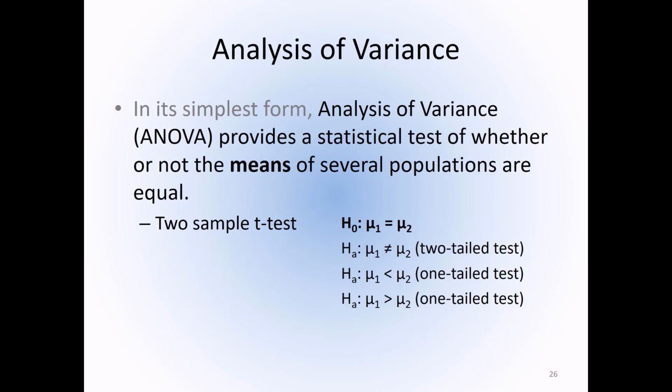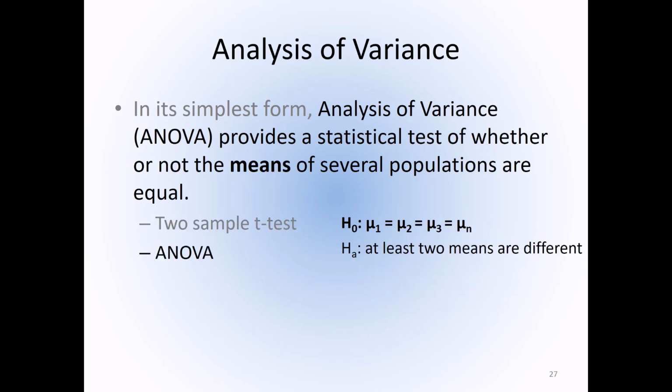So if we're thinking about the 2-sample t-test, our null hypothesis is that the 2 means are equal to one another. And ANOVA follows a similar format in which we are testing against the null hypothesis that all of the means that we're considering are equal. And so our alternative hypothesis is at least 2 of these means are different from one another.